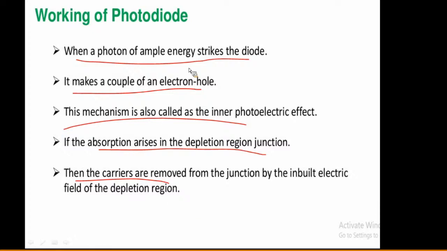Whenever free carriers are generated by light in the depletion region, they will be removed from it, moving to the P region or to the N region. Due to that, the current conduction will take place.